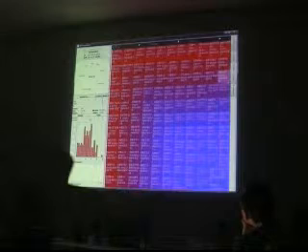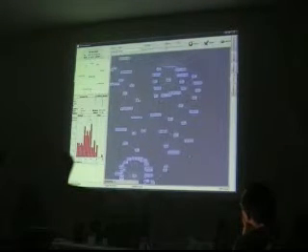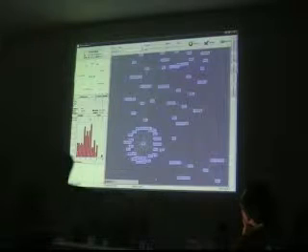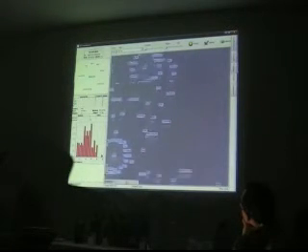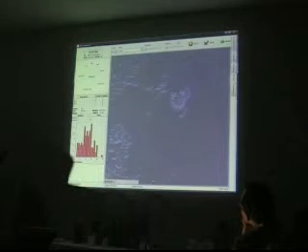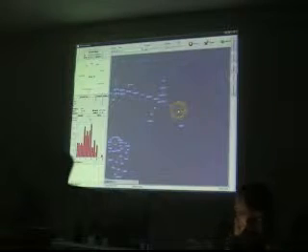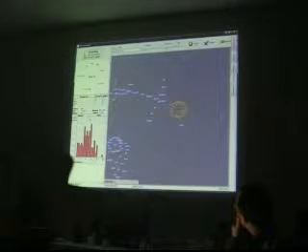Second technique is the neighborhood graphs. So here you see the result of your similarity search with kind of a social network. And your initial patient is the one highlighted in red here.